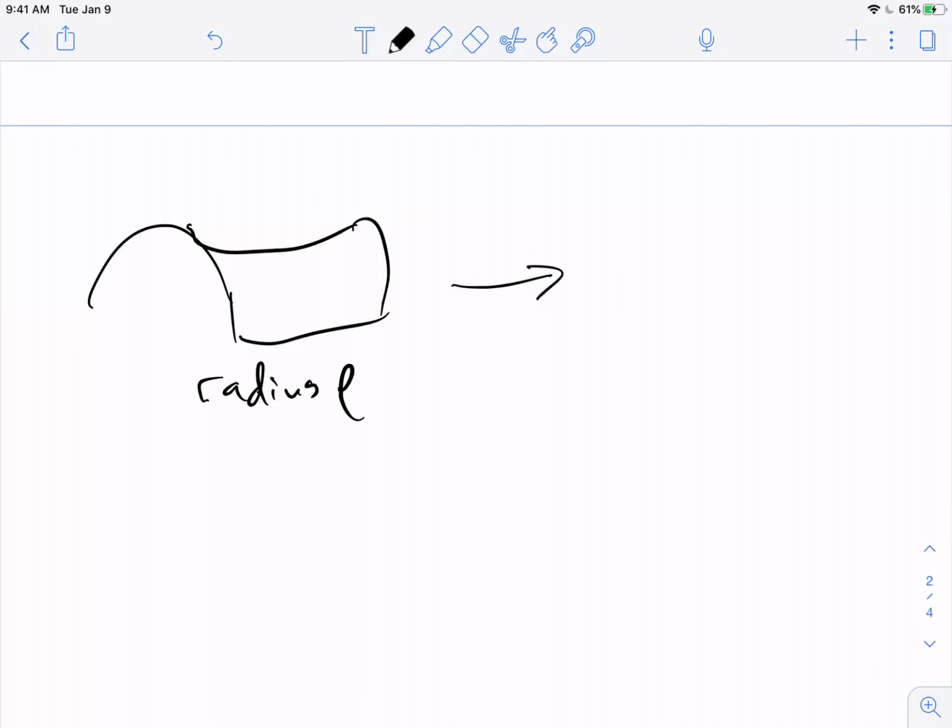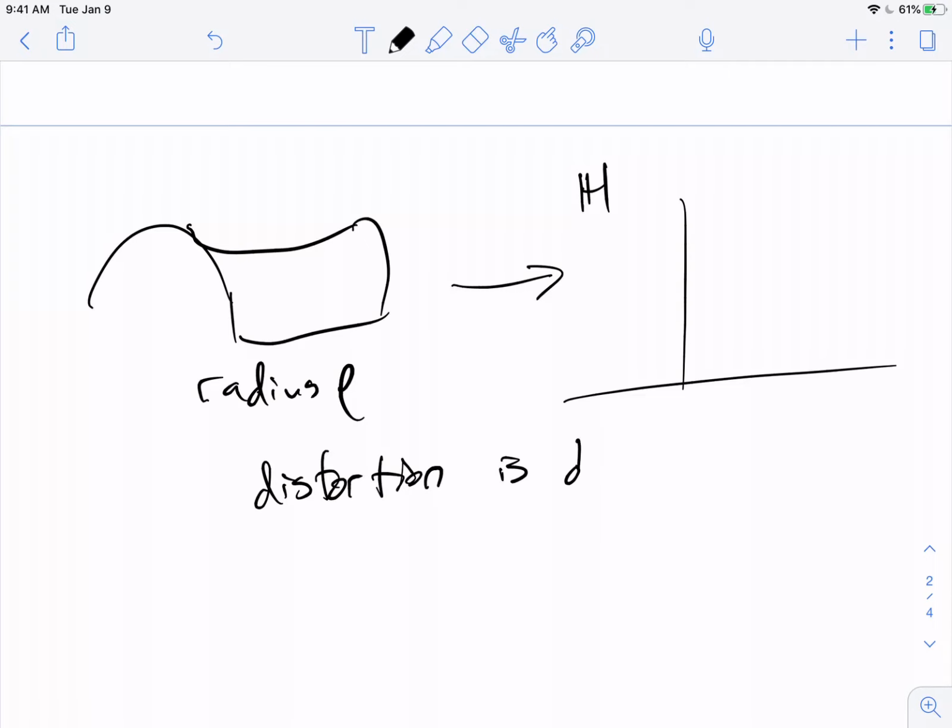And so in fact, if I have a hyperbolic space of radius rho, and it maps to the upper half plane H, the distortion is given by rho over y, where y is just the height in the upper half plane.